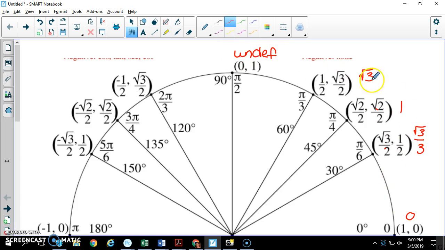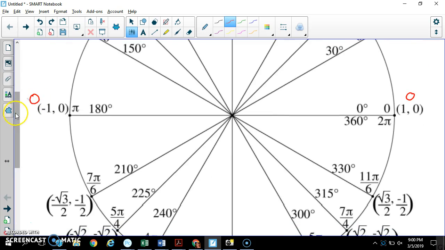And these are the only possible 5 answers I can have for tangent all the way around my unit circle, except sometimes they're negative. So if I was just to hot dog fold this right on over, this would be negative square root 3, this would be negative 1, this would be negative square root 3 over 3, and here's 0.